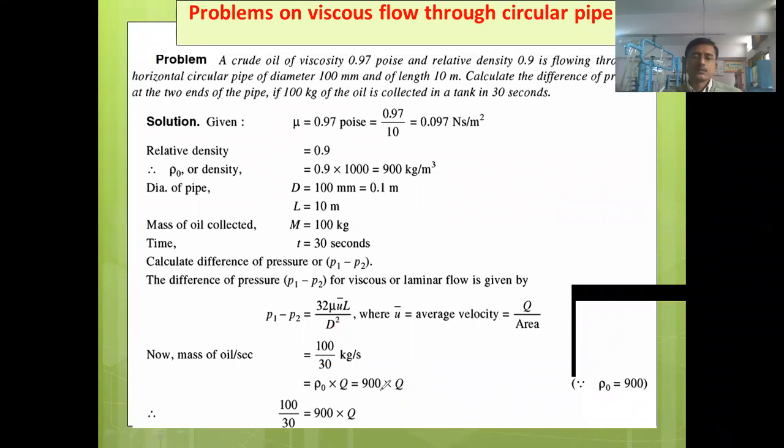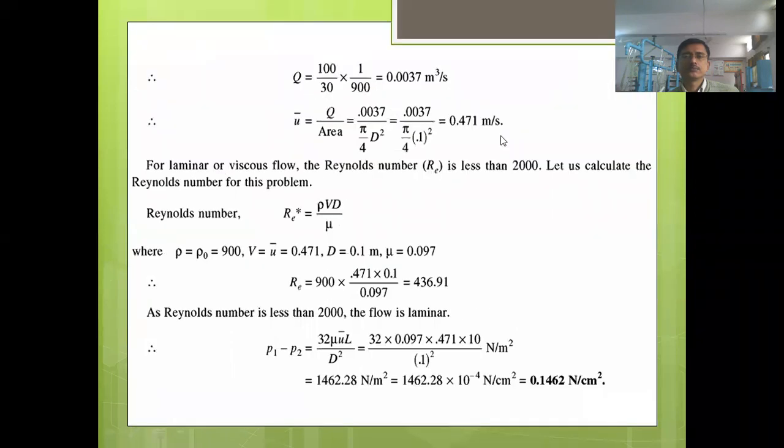Okay, so 900 into Q is equal to 100 by 30, and you will get the Q value as 0.0037 meter cube per second.